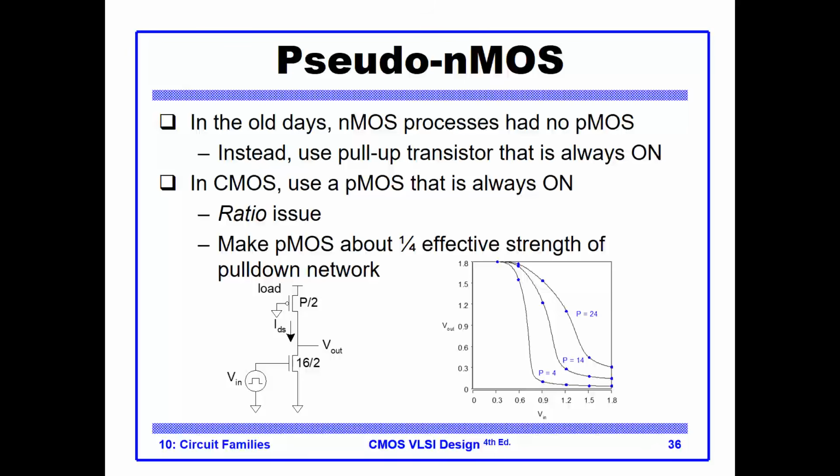One idea is to remove the entire PMOS stack and replace it with just a simple PMOS transistor. And this type of circuit is referred to as pseudo-NMOS. So it removes the entire PMOS circuit, and notice that the input is just feeding into this NMOS here.